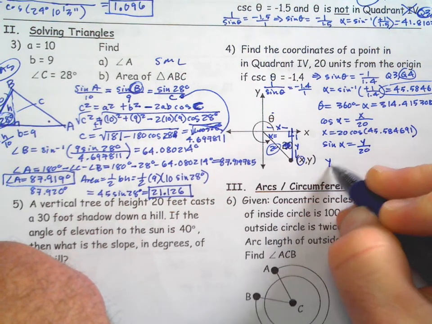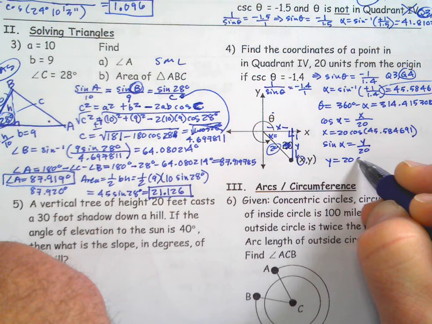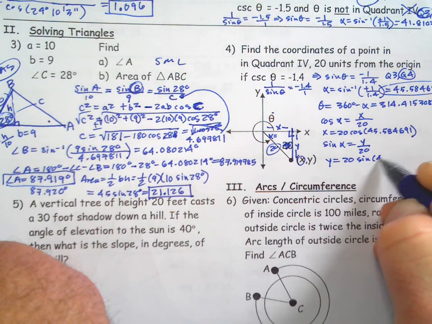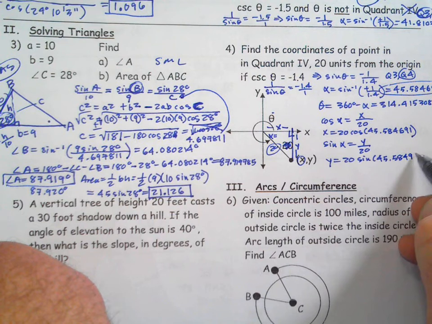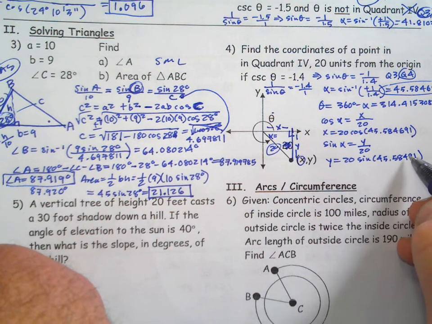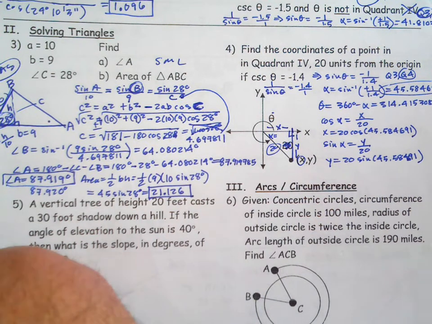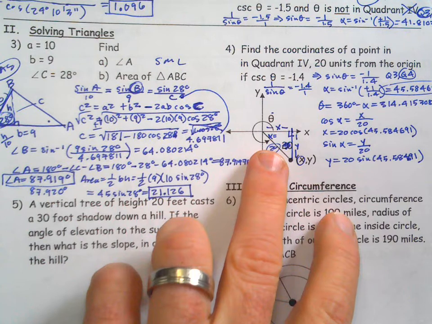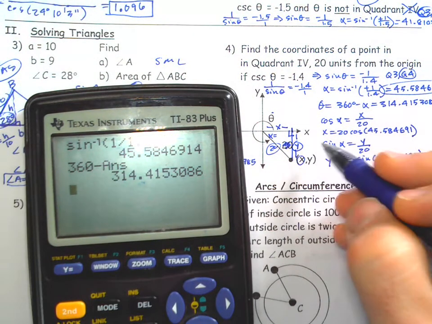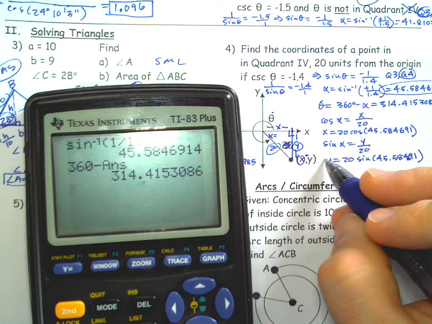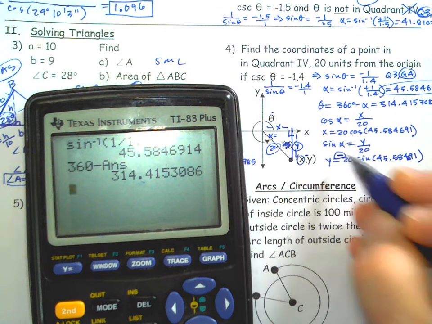So y equals 20 sine 45.58469. Now be careful, because these are both going to come out positive, but we clearly know that y is a negative coordinate, so we should just put a negative in front of it, right?